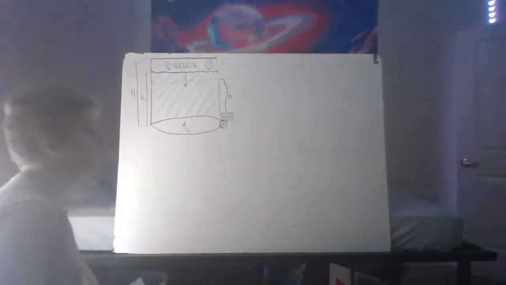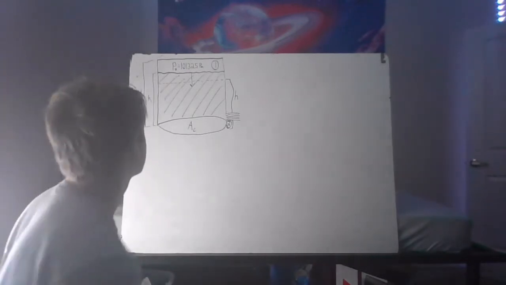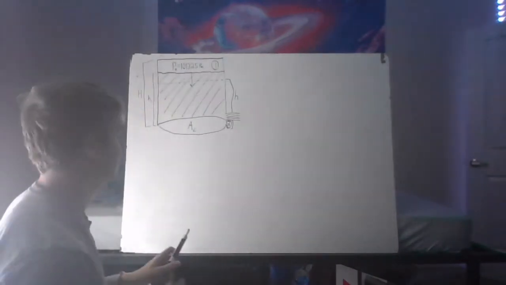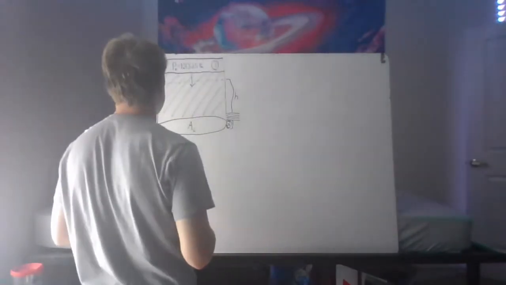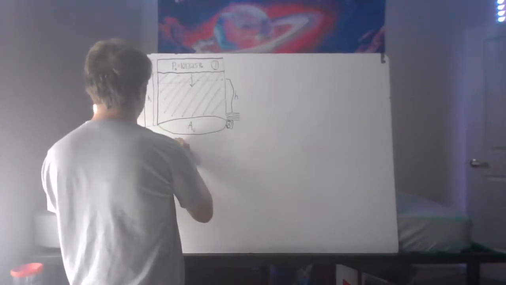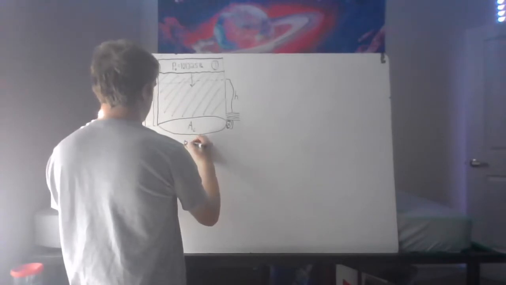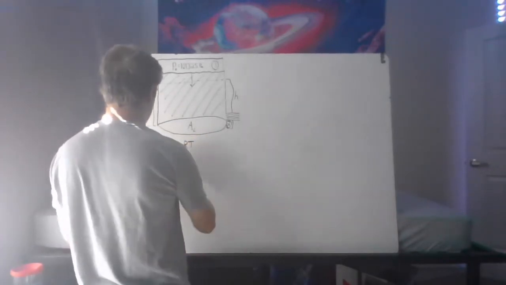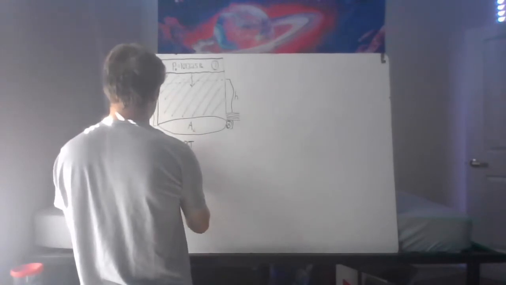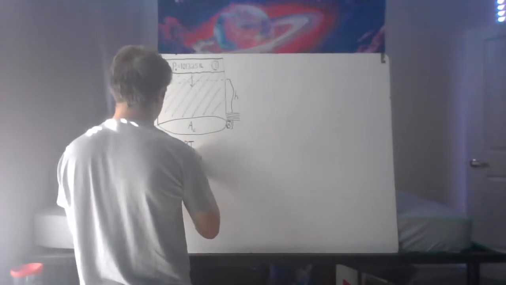How we're going to start is by getting the number of moles of the gas above the liquid. So we are going to use our ideal gas law, PV equals nRT, and that pressure is going to be P naught and V naught, and it's still going to equal nRT.